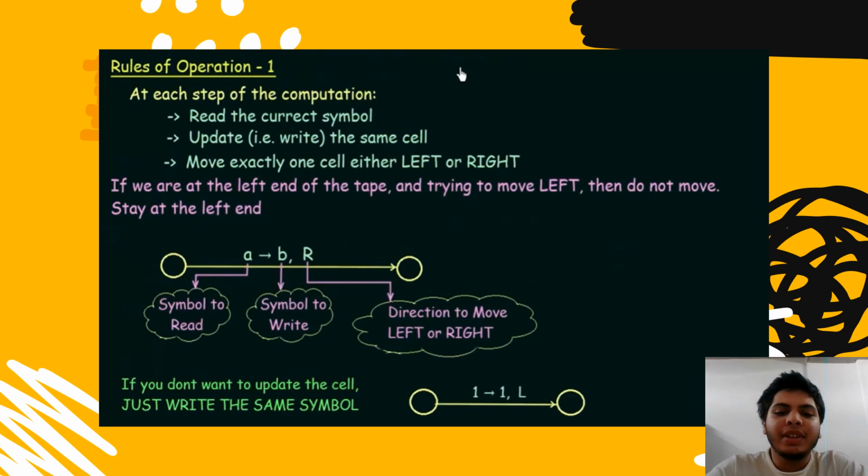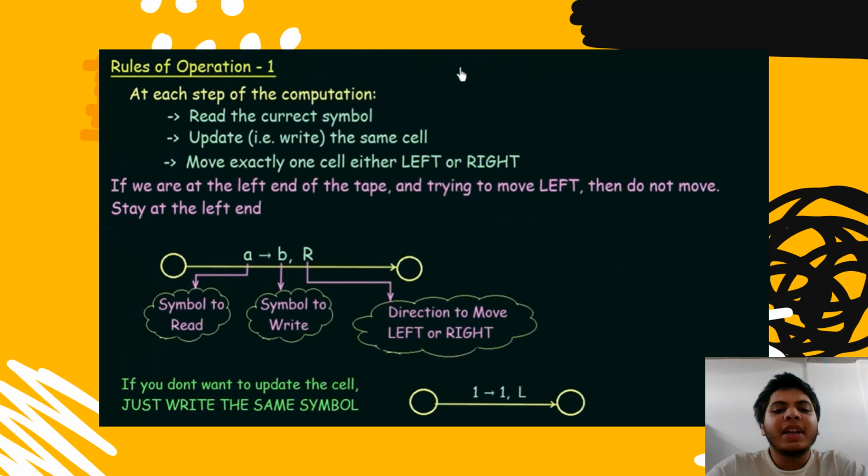So if your tape head is at the leftmost end of the tape and you try to move to the left, there is no place to move because this is the leftmost end. In that kind of situation, you should not move. You just stay at the left end of the tape.